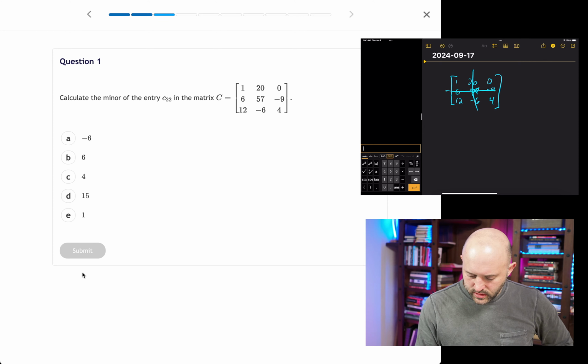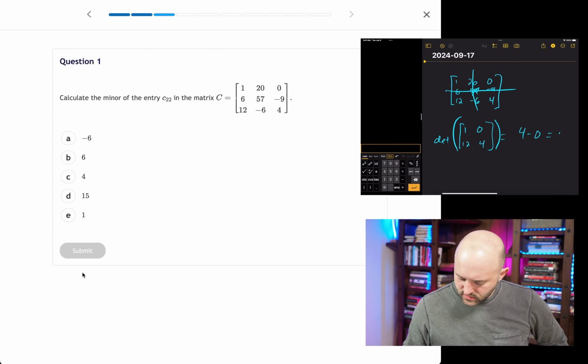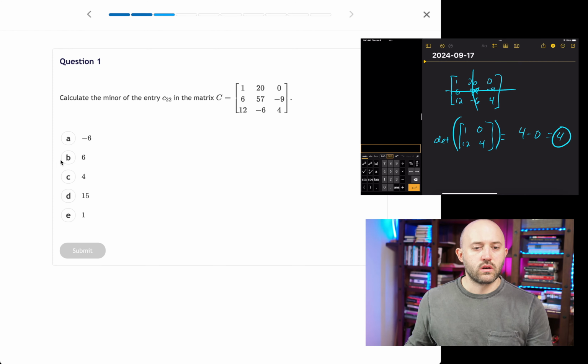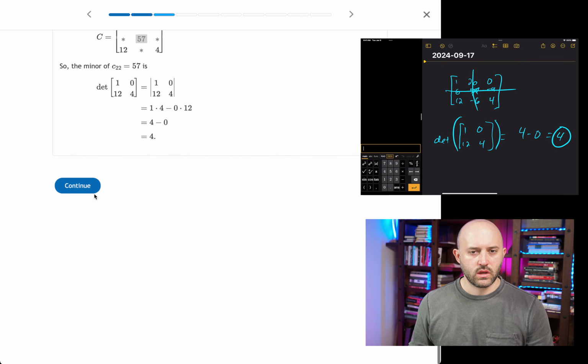So this whole row and this whole column get out. So we have to do the determinant of 1, 0, 12, 4. So this is the determinant of this, which would be 4 minus 0, which is 4. Okay, I think I get it.